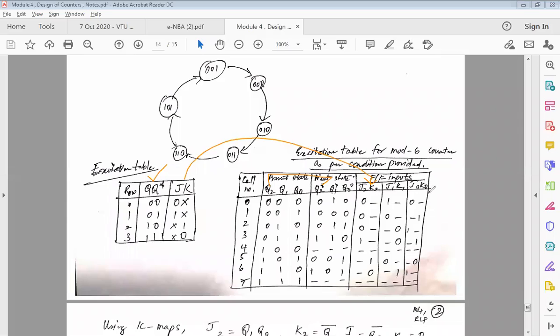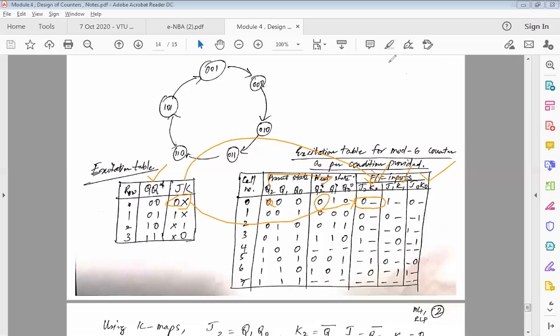For don't care, I have used a dash here, so do not get confused. Let's see, it is 0 and then 0. For 0, what do we have here? 0 and don't care, so instead of don't care I have used 0 and a dash. This is how we start filling J2, K2, J1, K1, and J0, K0.